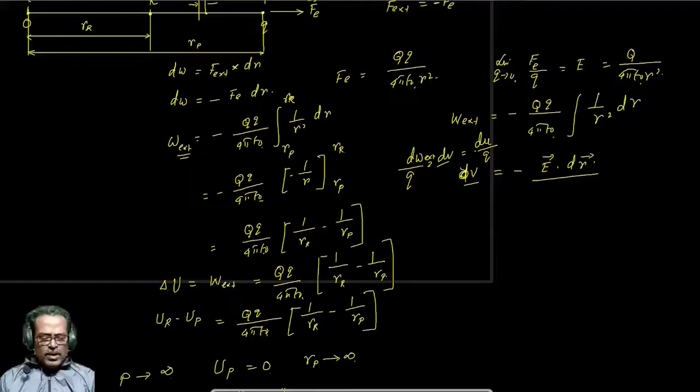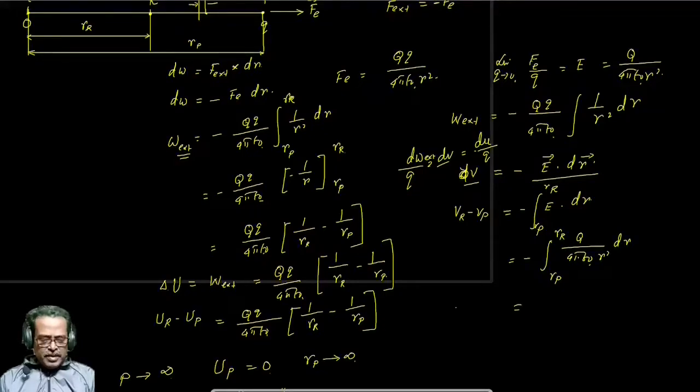Therefore we can find VR minus VP is equal to the integration of minus E dr from RP to RR, that is minus the integration from RP to RR of q by 4 pi epsilon 0 R square dr, and the result will be VR minus VP equal to q by 4 pi epsilon 0 into 1 by R minus 1 by RP.